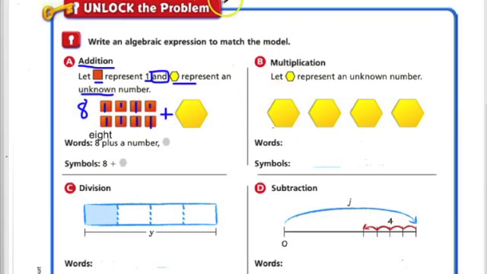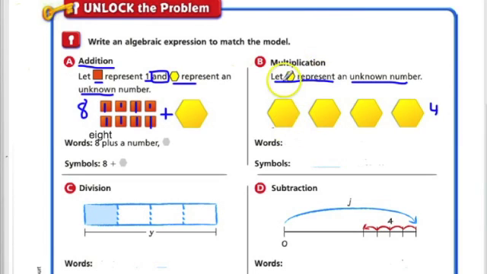In my multiplication example, I am going to let the hexagon represent the unknown. All these hexagons represent the unknown, and there are 4 of those hexagons. So my words are going to say 4 times a number, because I don't know what the number is. I just know that there's 4 of that set of numbers.